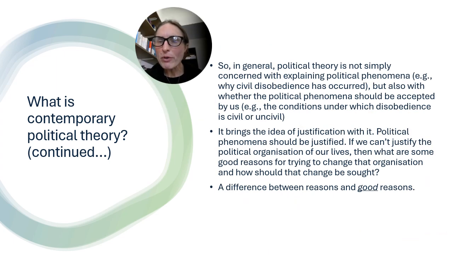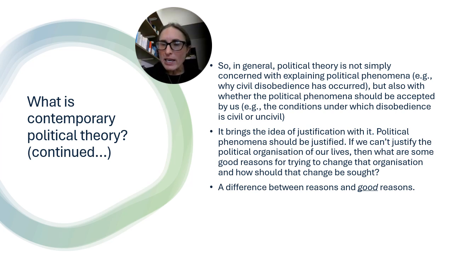So in general, political theory is not simply concerned with explaining political phenomena, like why civil disobedience has occurred, but also with whether the political phenomenon should be accepted by us, the conditions under which disobedience should count as civil or uncivil, and how this should be understood jurisprudentially in terms of punishment or leniency.